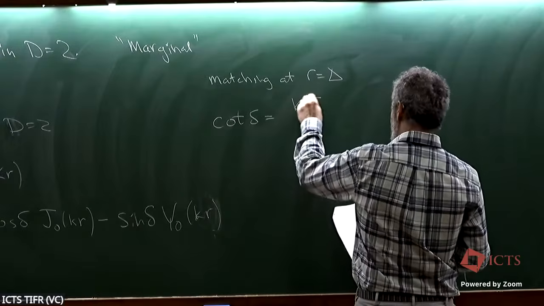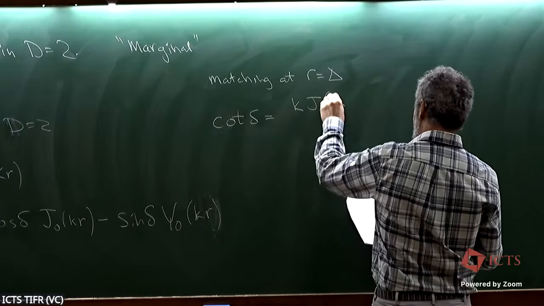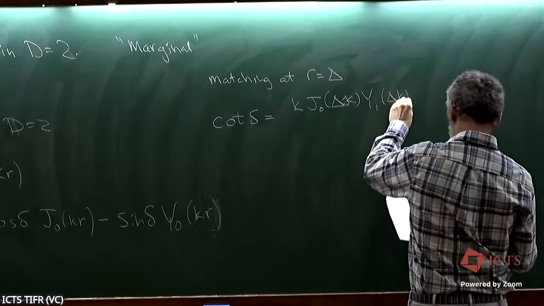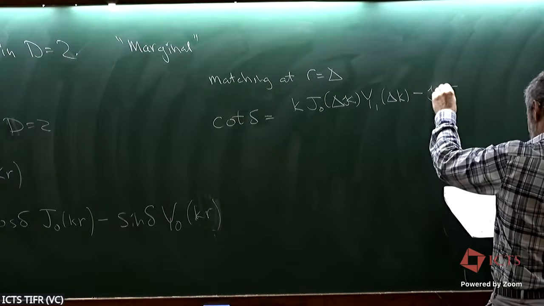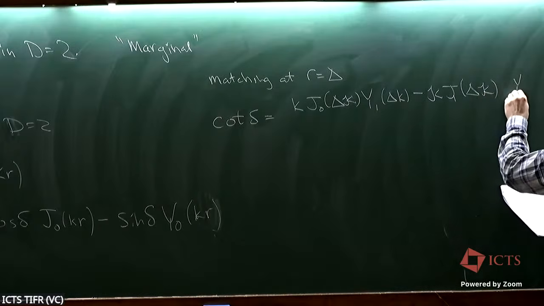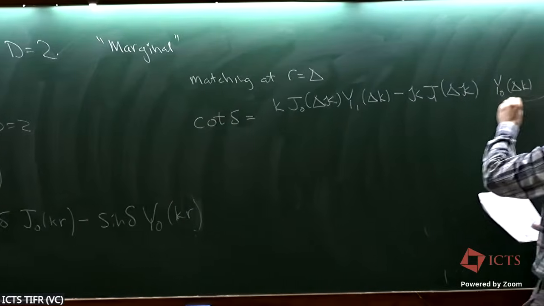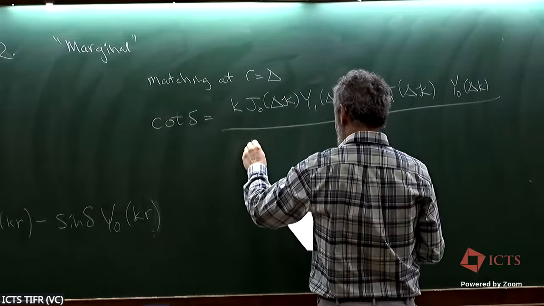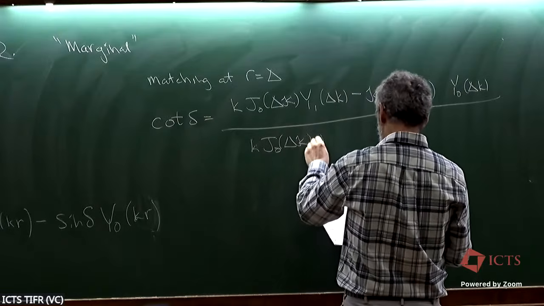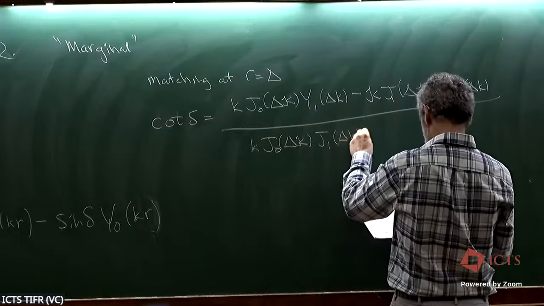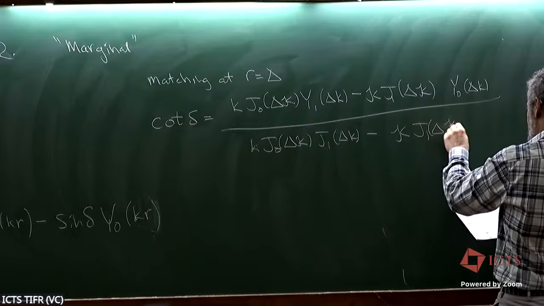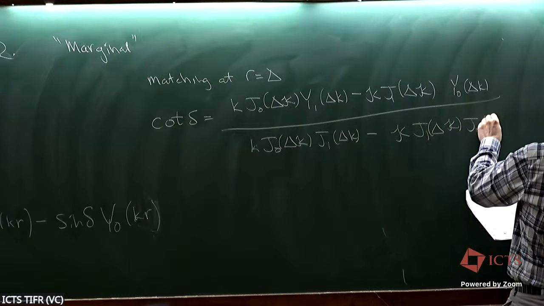It is k J0 of delta kappa Y1 of delta k minus kappa J1 of delta kappa Y0 of delta k, divided by k J0 of delta kappa J1 of delta k minus kappa J1 of delta kappa times J0 of k delta.